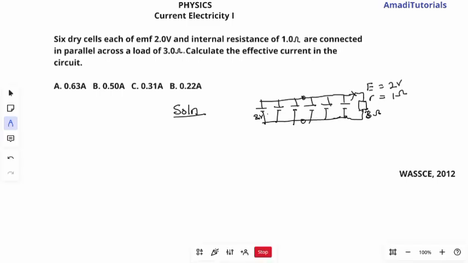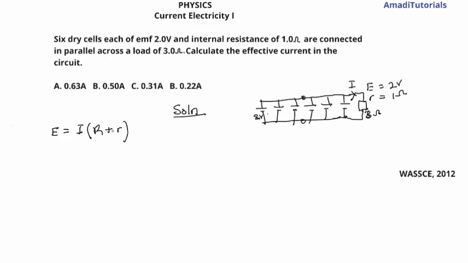This current I is the current drawn from the cells. So now e.m.f E equals current I, open bracket, into big R plus small r, where big R represents external resistance, while small r represents internal resistance.